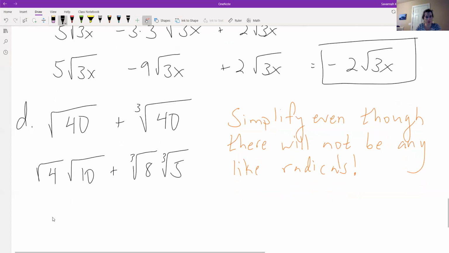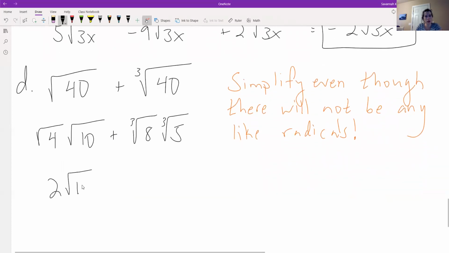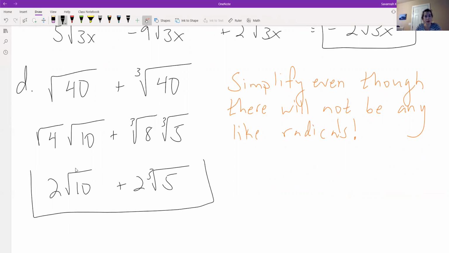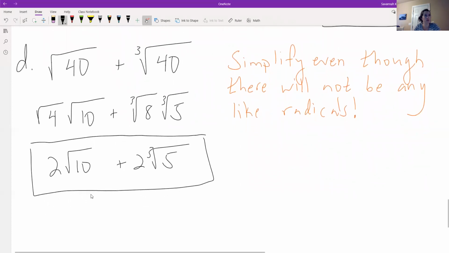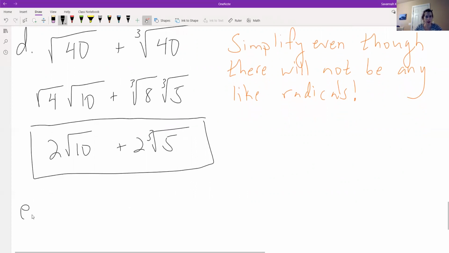Okay, so I get 2 square roots of 10 plus 2 cube roots of 5. It doesn't feel any better. We couldn't bring those things together, but that is a correct answer. It's as though all the fractions have been reduced. So just know that your simplification efforts don't always allow you to then add or subtract anything together. It's not a guarantee, unfortunately.